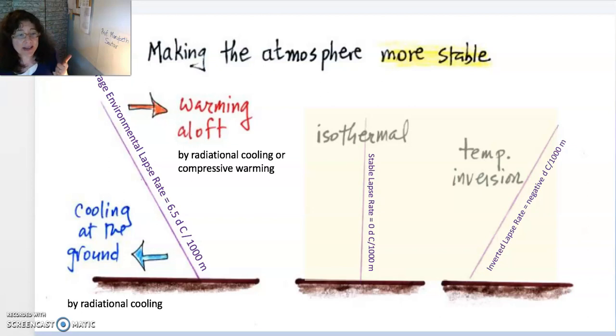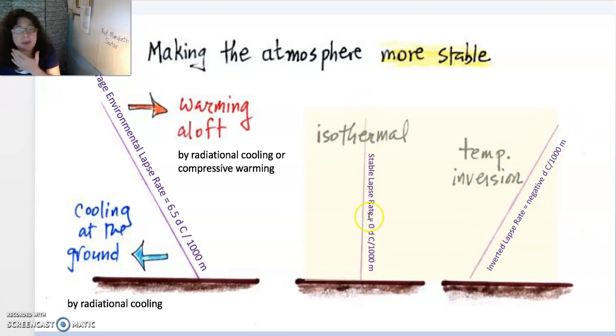We see our data on the sounding, and we see this average environmental lapse rate, which has, for the lack of a better word, a slope that approximates this angle. But we start to cool at the ground and move the temperature down, and we start to warm aloft and move the temperature up, and that moves closer to an isothermal lapse rate, or maybe a temperature inverted lapse rate that would be associated with fog or smog.